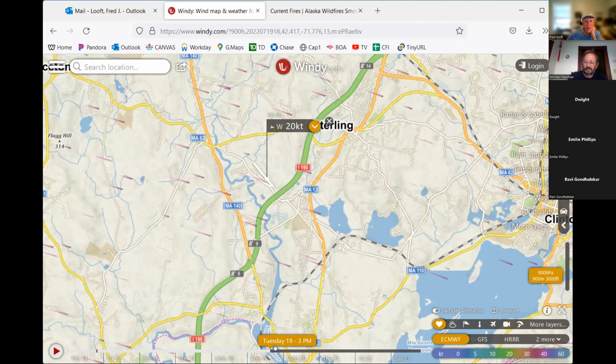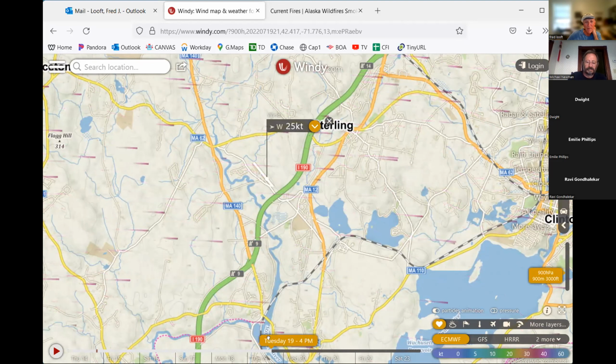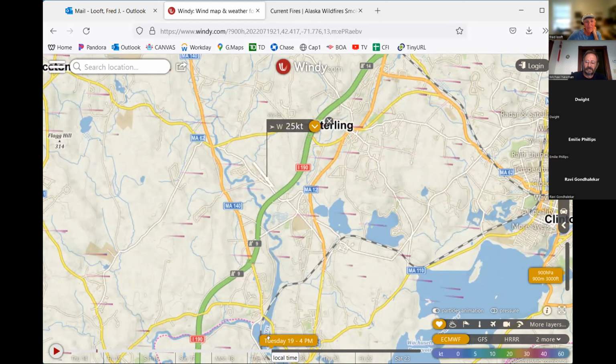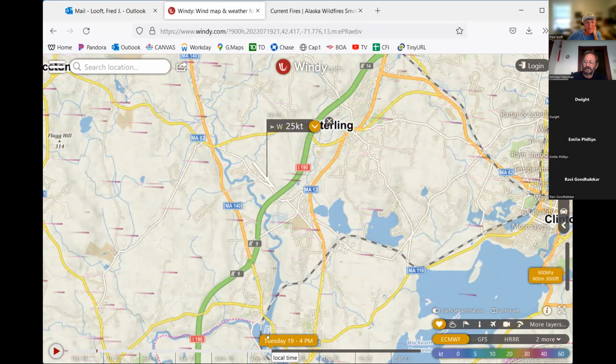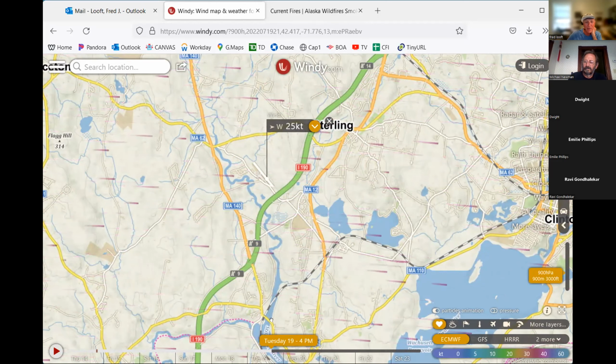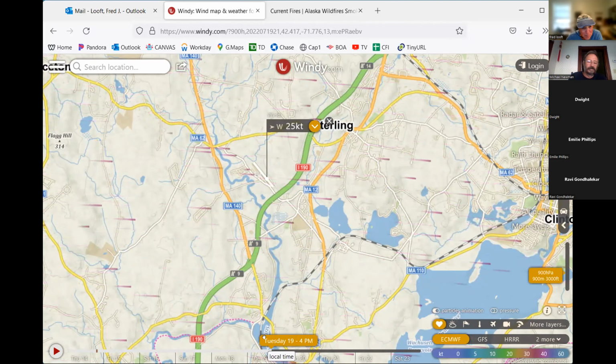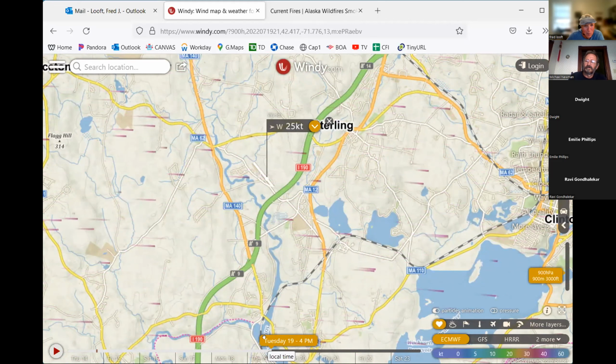Okay, so here's Tuesday, 20 knots, but it's mostly down the runway, so I'm not going to worry about that. Getting down to 25 knots, that's pushing the limits of what I would fly for winds at altitude. Not because you can't fly it in a high performance glider, but because you're flying at 60 knots, your head speed into the wind is not very fast, you're not going anywhere.